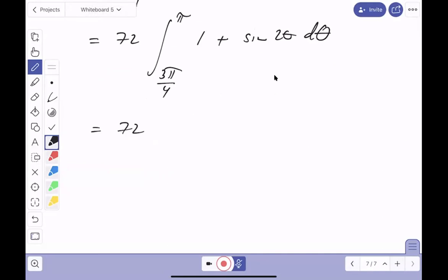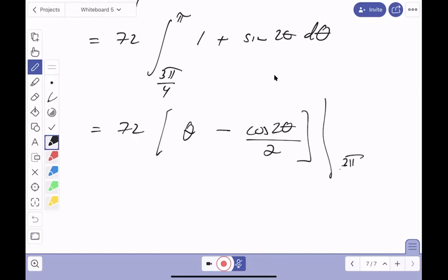This is 72. Integration is going to be easy now. This is theta minus cosine 2 theta over 2, from 3 pi over 4 to pi. 72 times pi minus cosine of 2 pi over 2.